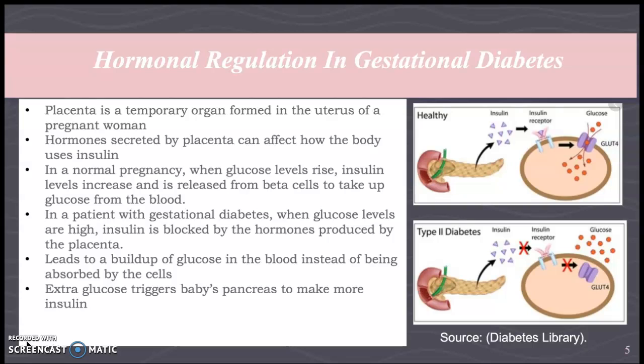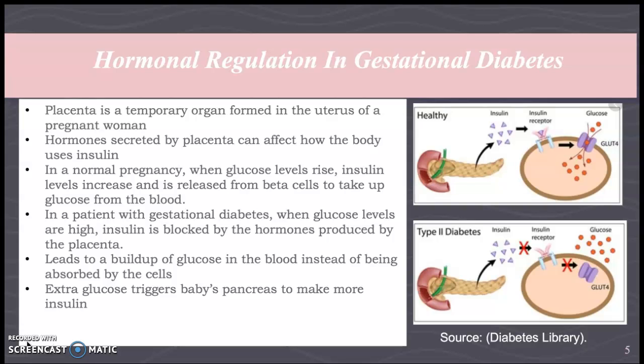So this picture is explaining what I just said, and like we said, gestational diabetes is similar to type 2 diabetes. On the top picture, you have a healthy individual, and the hormone insulin is taken up by its receptor on the outside of the cell, and it starts a cascade that allows glucose to enter the cell, removing it from the bloodstream.